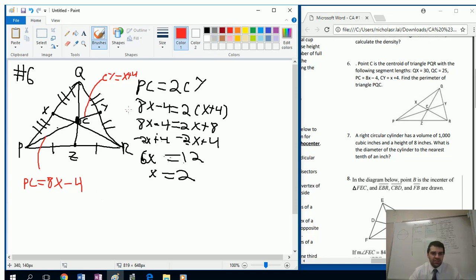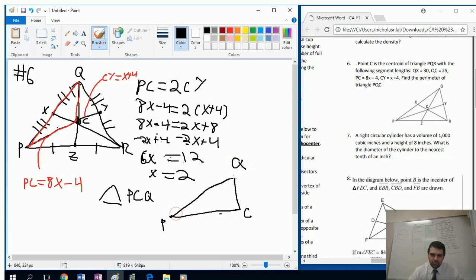We have P to C to Q, so that triangle PCQ. For triangle PCQ, we're going to have P to C, and we're also going to have Q.